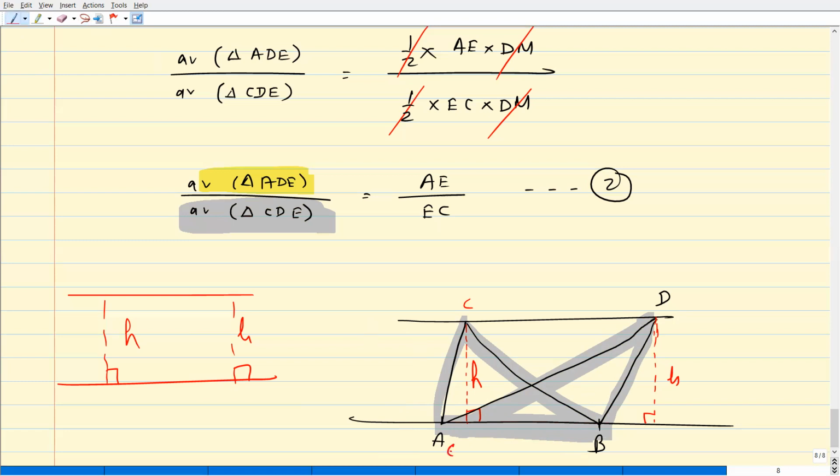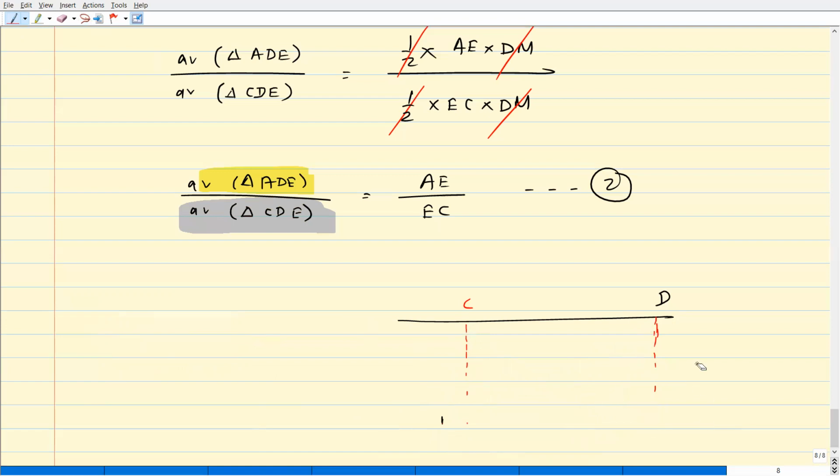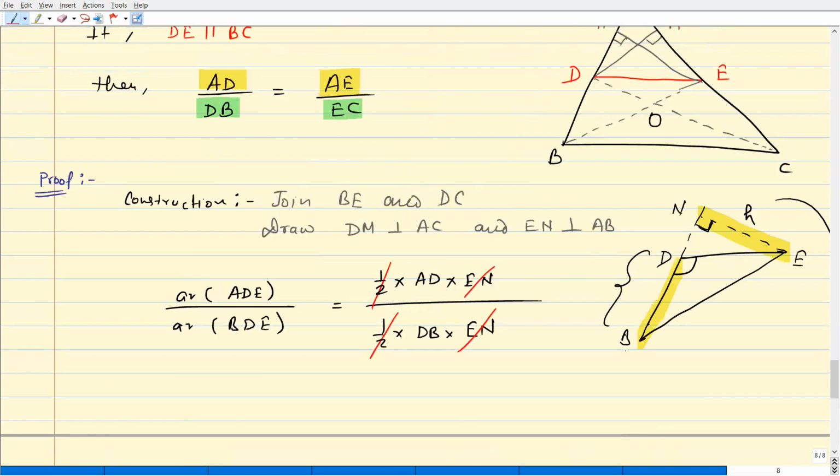Okay. If I call this as base, then area of both the triangles is half into B into H. They are equal. So anyway, remember that area of triangles between the same parallel lines with the same base are equal. That is why these two triangles will have equal areas, because they are lying between the same parallel lines and they have the same base.